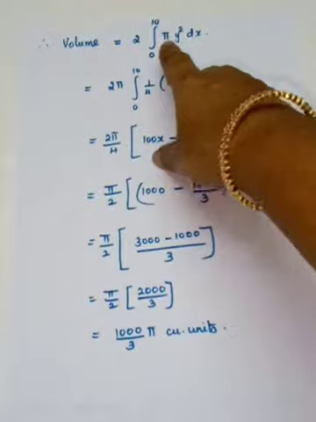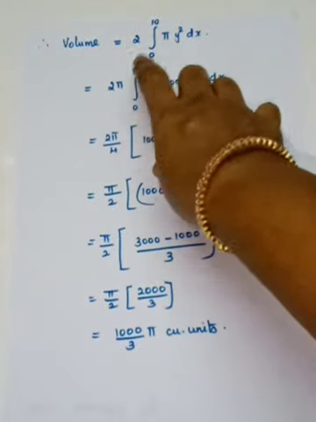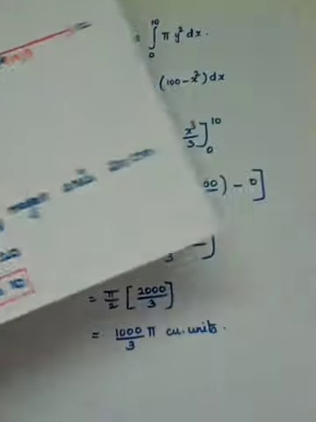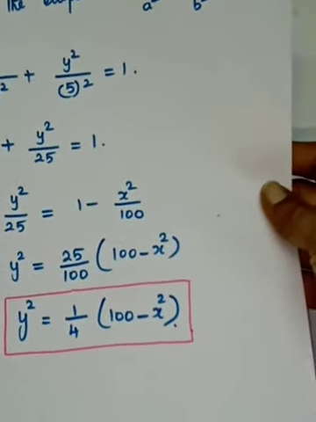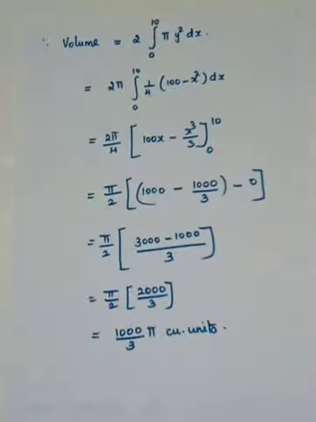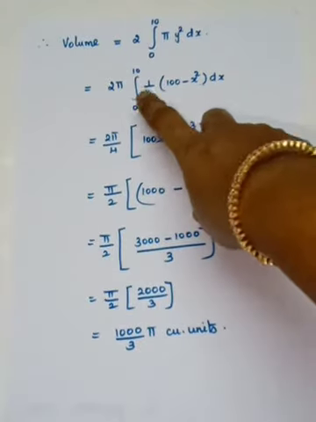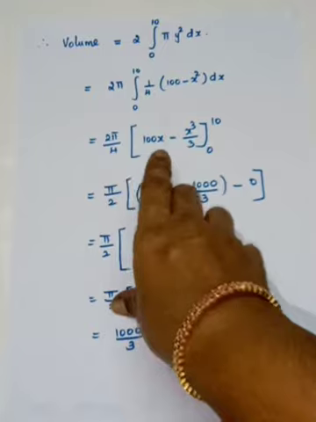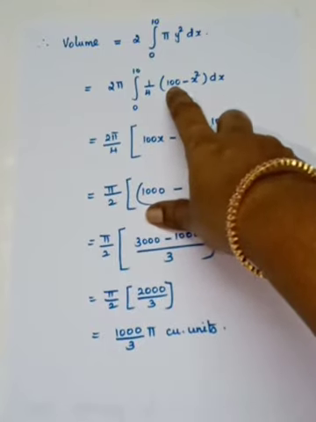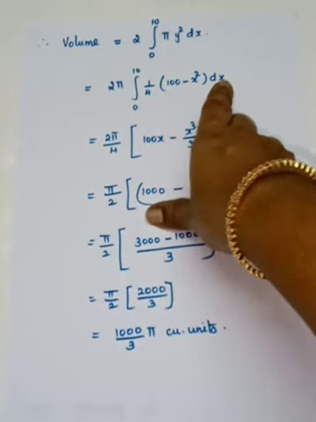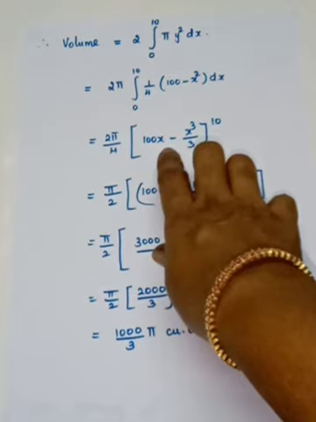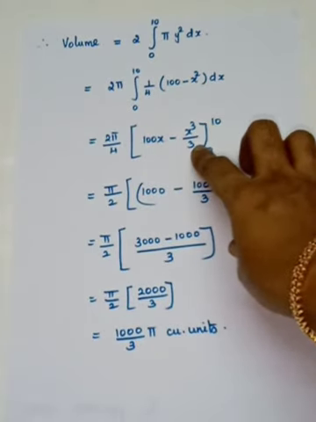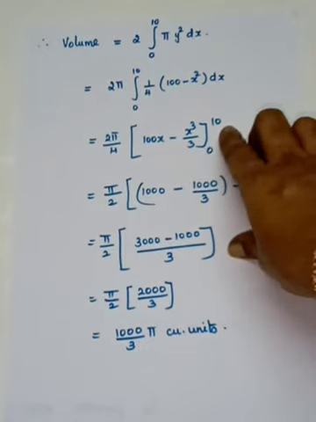Pi is a constant, so it is taken out. Already we have found y squared is 1 by 4 into (100 minus x squared). When you substitute here, this 1 by 4 is taken out. So 2 pi by 4 into the integral of (100 minus x squared) dx, that is 100x minus x cubed by 3, and the limits vary from 0 to 10.